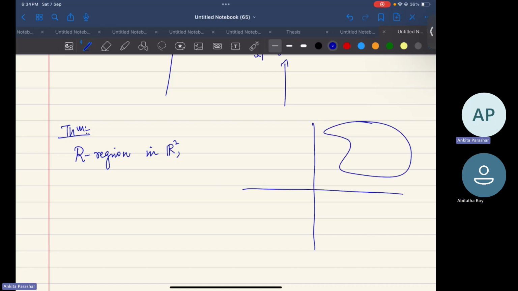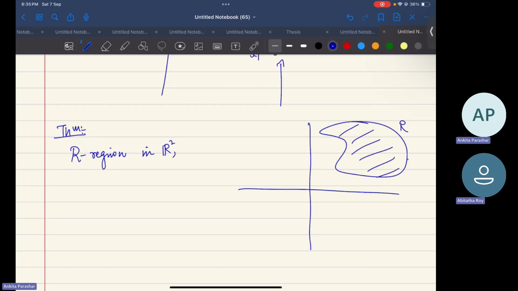You have this region R. It has a boundary, which I'll write as del R. I will simply write that boundary as a curve C. So C is the curve for the region R.